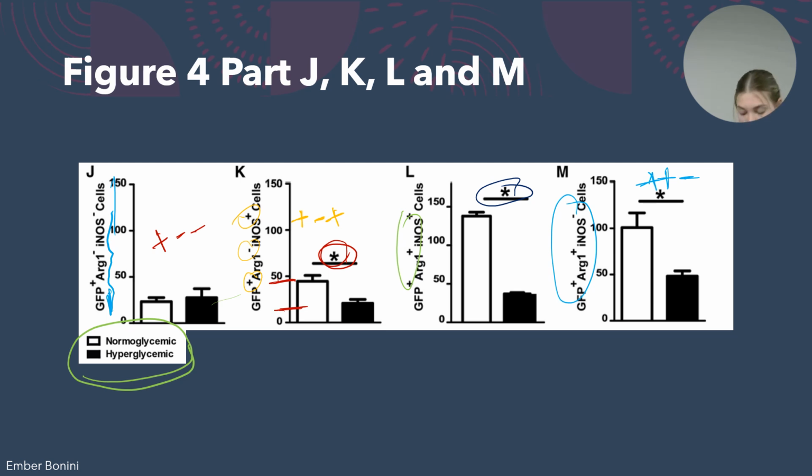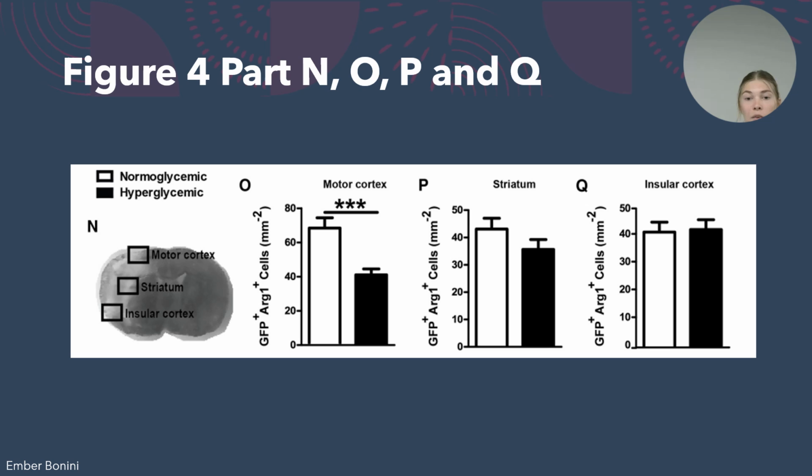And then now we move into parts N through Q. And this is going to be the final part for figure 4. So when we're looking at this, it's really important that we understand figure N. Now, this is where we start looking into those cerebral cryosections that we mentioned in those techniques. And it's really important because we are grouping this into 3 sections.